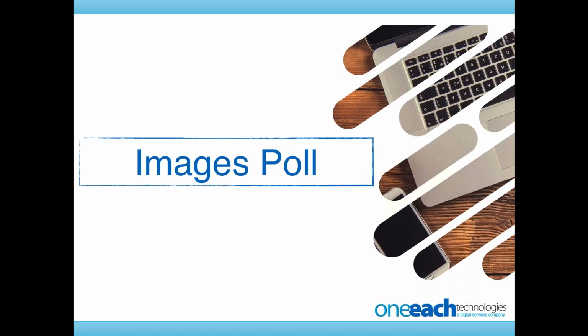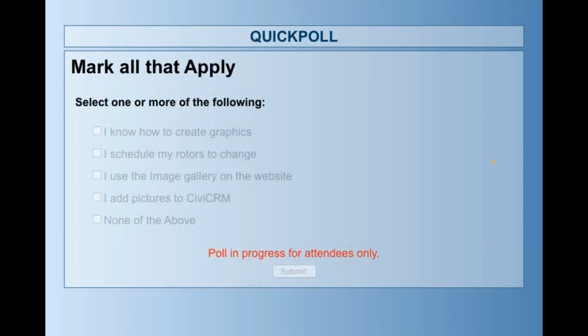All right, but as we get started, I have a question for you all. I have a poll. Really what I'm trying to do here is get a sense of my audience, to see if you guys are already high-end users or doing a lot and you're wanting to get really detailed, or if you're not that far along. So take a look at the poll on the screen. And you might not do any of these items.